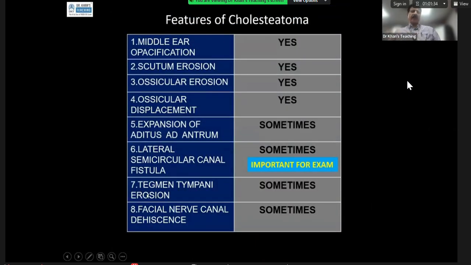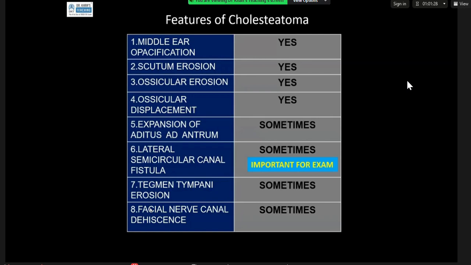Now, candidate 3, are you with us? Yes, I am. Okay. So, candidate 2, thank you very much. Thank you, sir. Okay. Now, these are the features of cholesteatoma which you have to remember. One is middle ear opacification, then erosions.